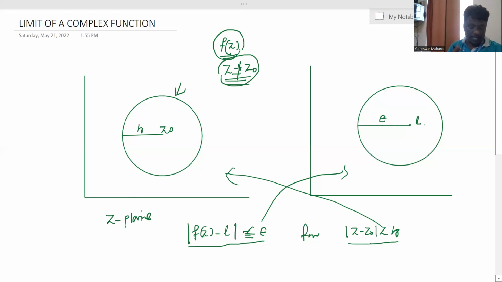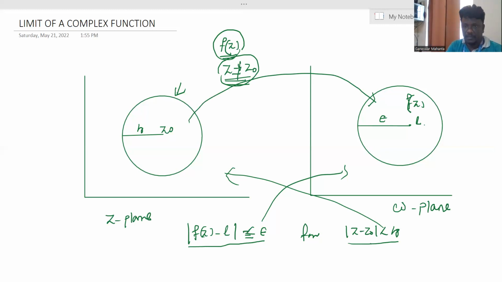But the values lying in the epsilon disc, that is f(z), are in the omega plane. The functional values which lie in the epsilon disc are in the omega plane.